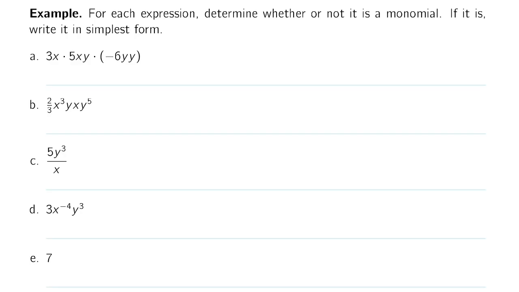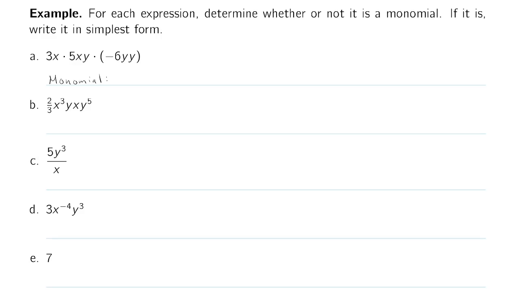So in this expression, we have 3 multiplied by x multiplied by 5 multiplied by x multiplied by y multiplied by -6 multiplied by y multiplied by y. So we have numbers and variables put together with only multiplication. This is a monomial.